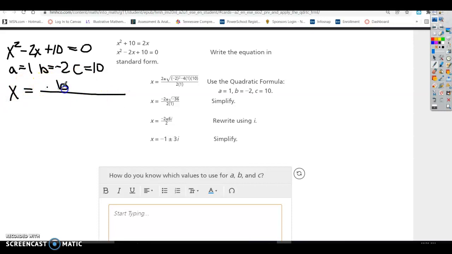It's going to be negative b plus or minus the square root of b squared minus 4ac over 2a. So what we're going to do is substitute b in for the b's, substitute a and c in there, and simplify. So we're going to have negative b, so b is -2, so it's going to be a positive 2.